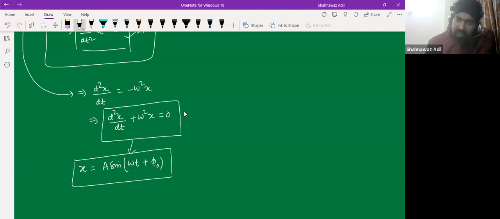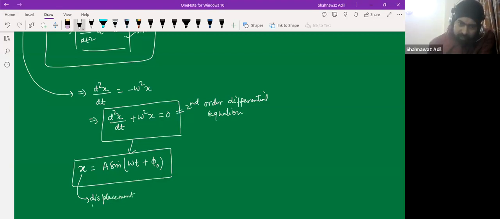So this is a second order differential equation, and the solution of this equation is this value of x. This is the displacement from the mean position, right?